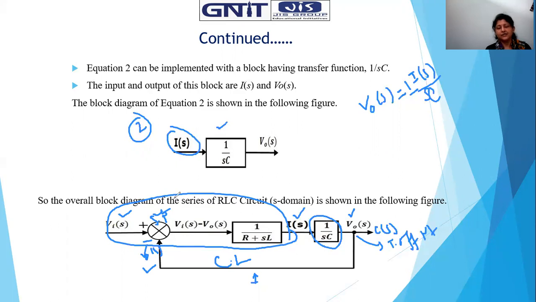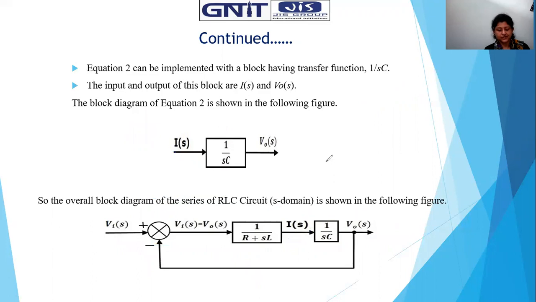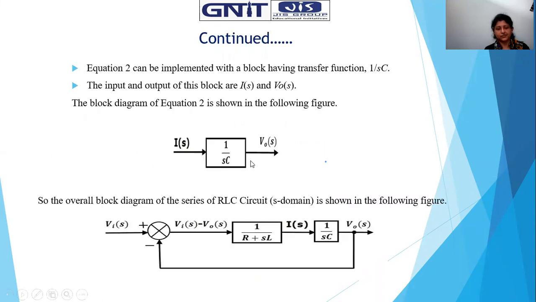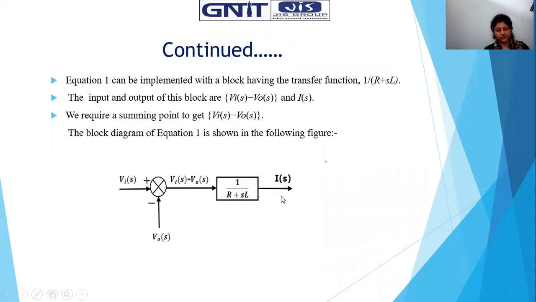Okay, by just mapping equation number 1 and equation number 2 for the RLC series network. For equation number 1, we got this part, and for equation number 2, we got this part, and we are combining both of these two.